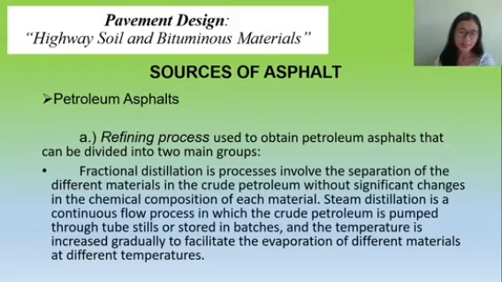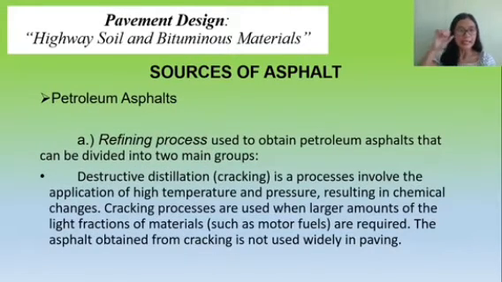Steam distillation is a continuous flow process in which the crude petroleum is pumped through tube stills or stored in batches, and the temperature is increased gradually to facilitate the evaporation of different materials at different temperatures. Next one is the destructive distillation or the cracking.